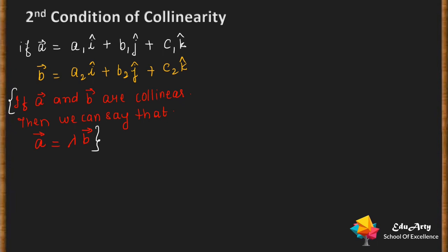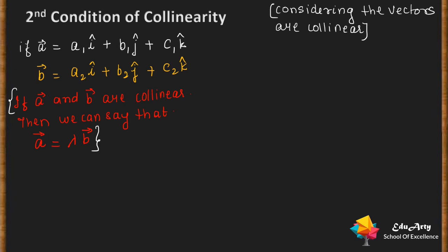Now, considering that the vectors are collinear, what can we say? We can say that A vector is equal to lambda B vector.